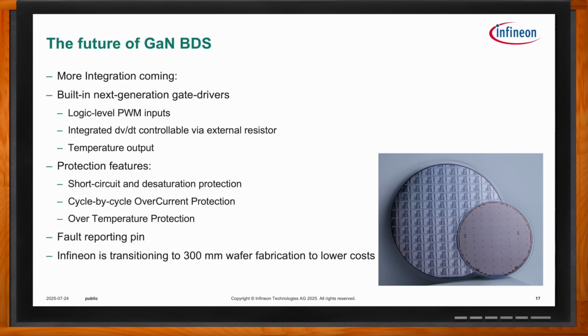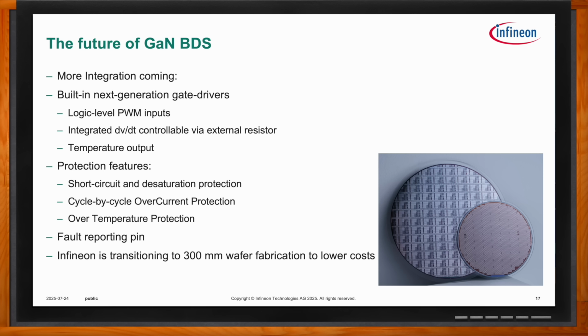And finally, the big thing that everyone is really looking forward to is reducing the cost. The goal is we want the GaN devices to be absolutely on par and competitive with silicon, so you have the option to use either device without a cost penalty. The only way we can do that is by going to 300 millimeter wafer fabrication. Infineon has its own internal fabs, so we make these right in Austria.